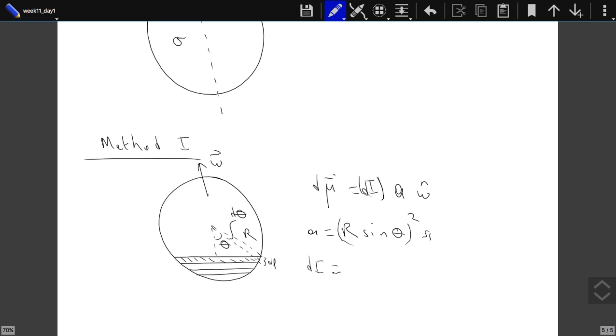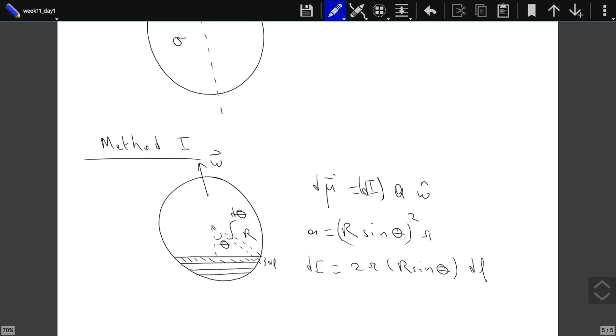Now, I need to calculate the current carried by this ring. For this current, I have to find the area of my ring. Not the area enclosed by my ring, but the area of my actual ring. My ring has a total circumference 2 pi times r sine theta, and it has a thickness dl.